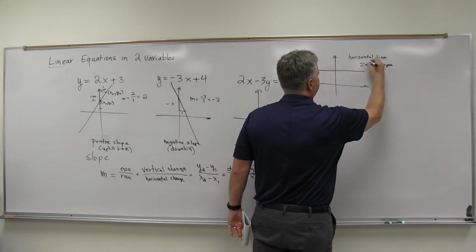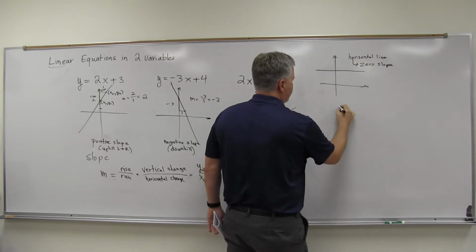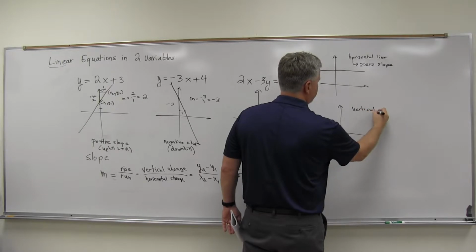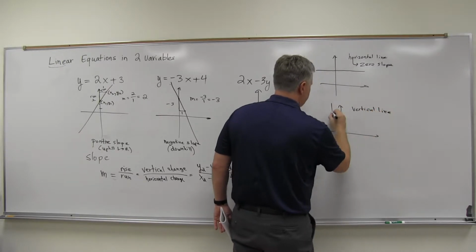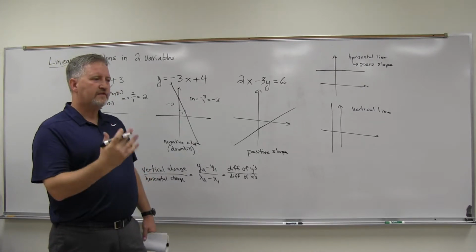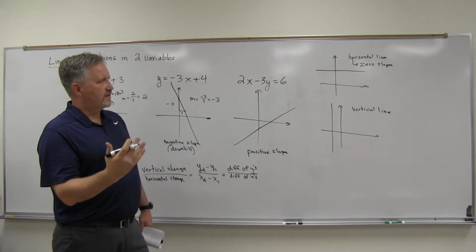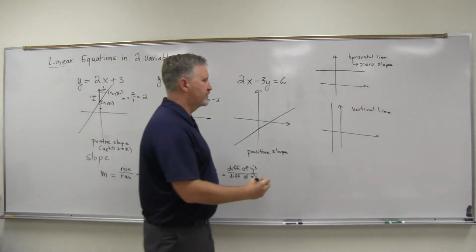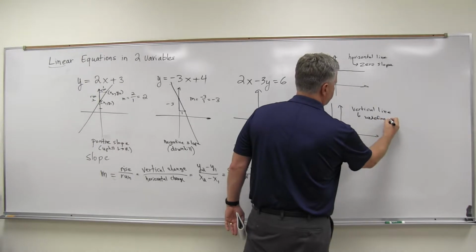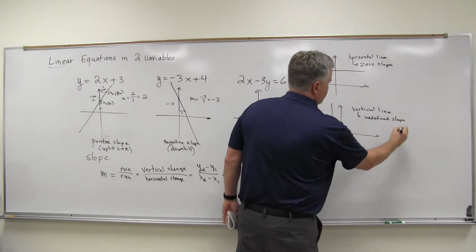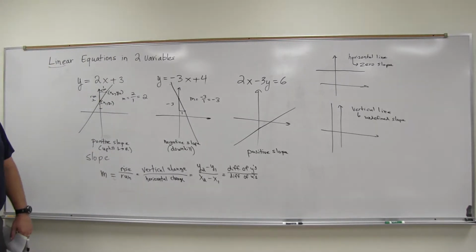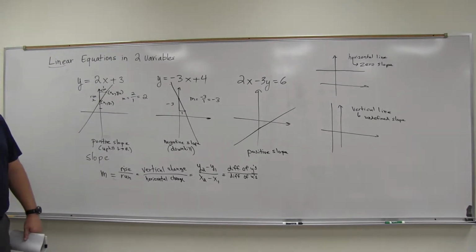So horizontal lines are zero slope, and the other alternative is a vertical line, straight up and down. On a vertical line, we call it undefined slope. So a vertical line has undefined slope. There are different reasons for that. We'll go into that later on, but just be aware of that.